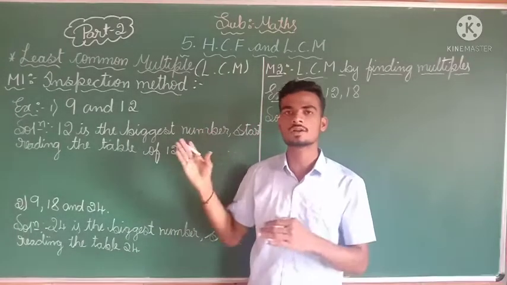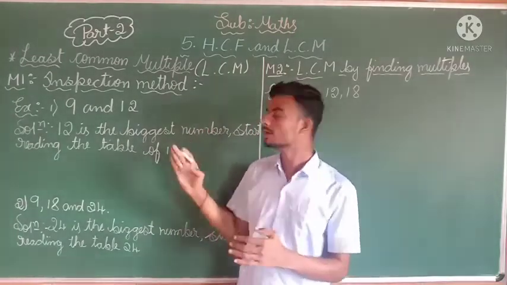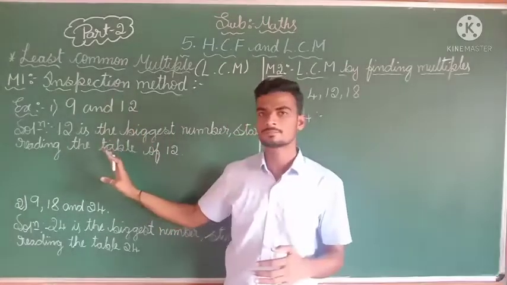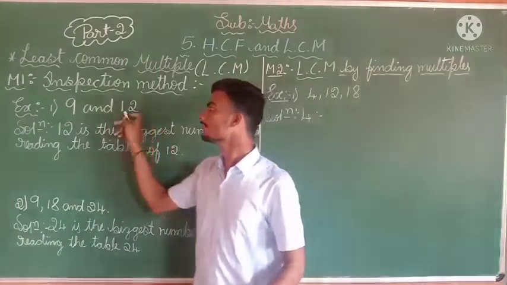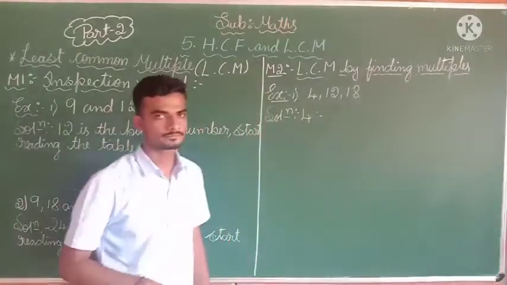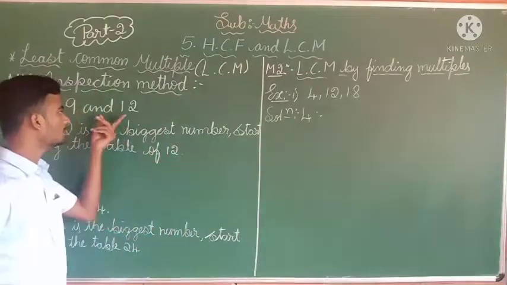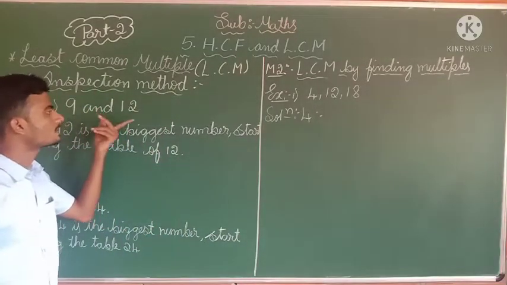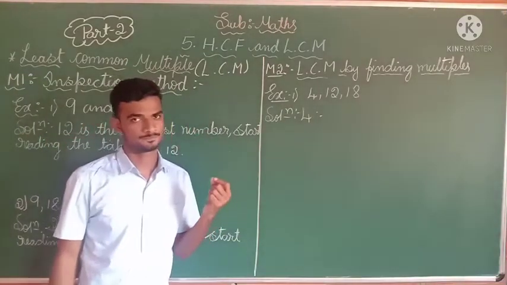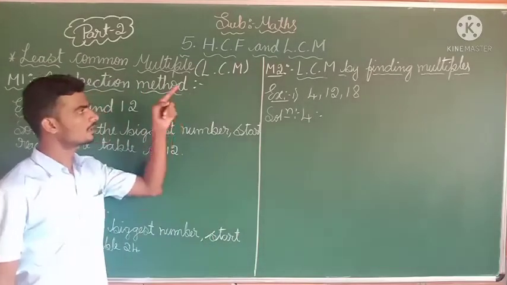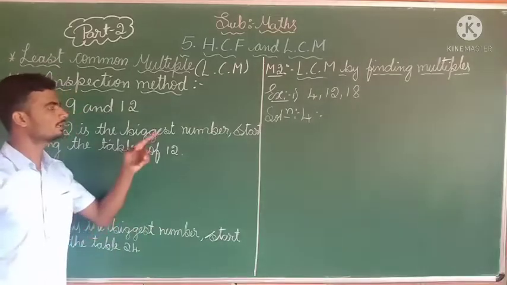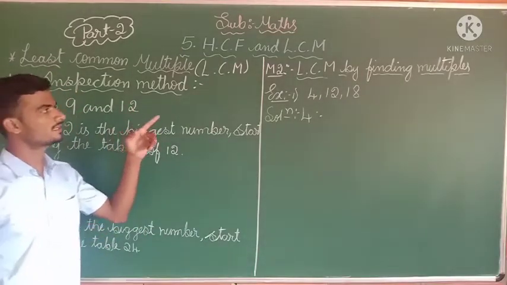Then the products, the answers you get there, you note down on your left side. So here if you write the 12 table, you will see 36. See, here I have given the 12 table; in this 12 table, 36 is found.